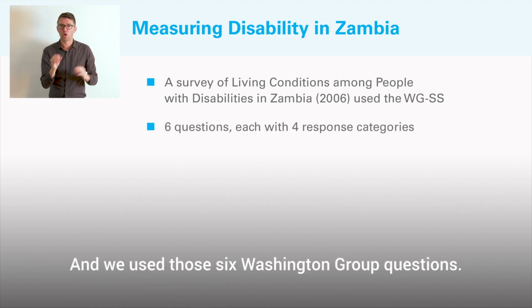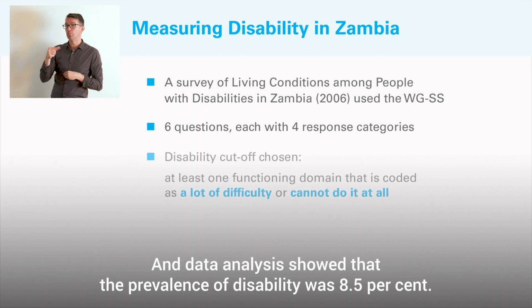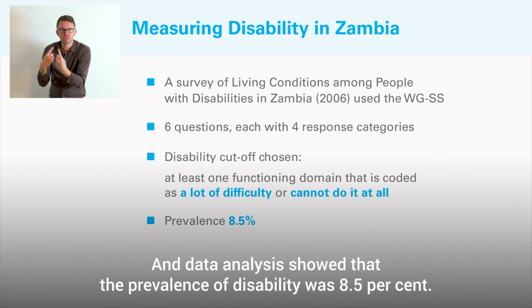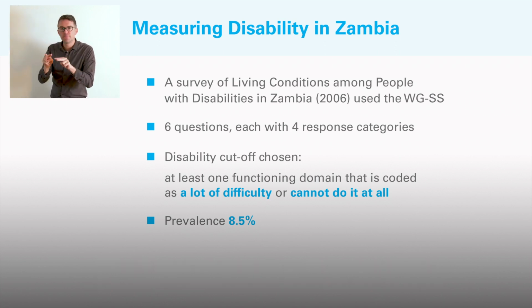And we used those 6 Washington Group questions. And data analysis showed that the prevalence of disability was 8.5%, which is probably much, much more realistic than the 0.9% that was achieved in 1990.